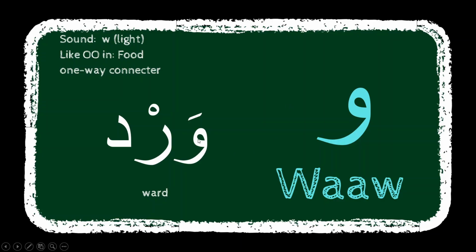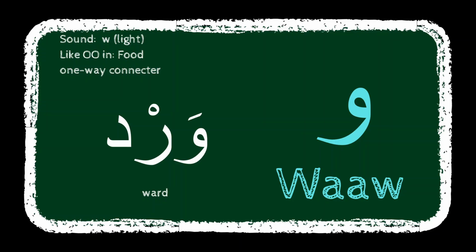Again, I know I mentioned before that it's pronounced like the oo in the word food, but it really depends on the short vowel on it, and because we have this short vowel, the fatha, it's going to be pronounced as wa, word.